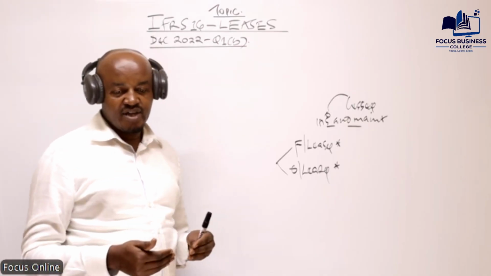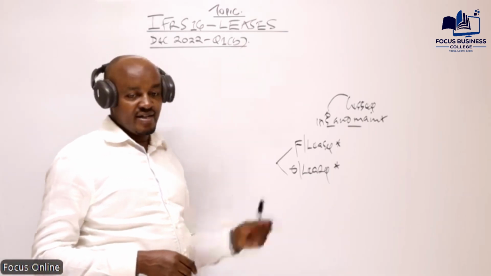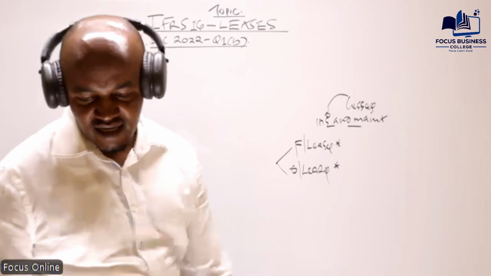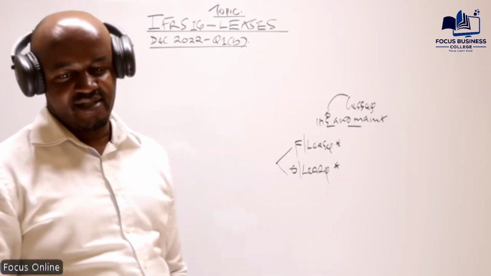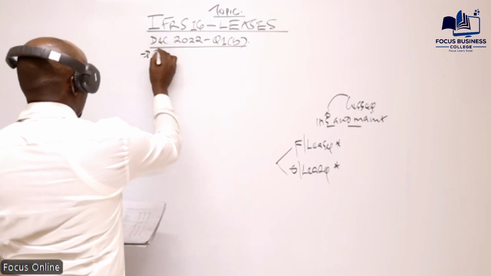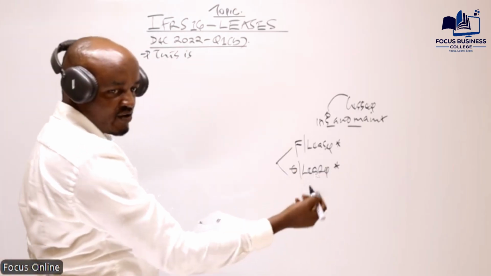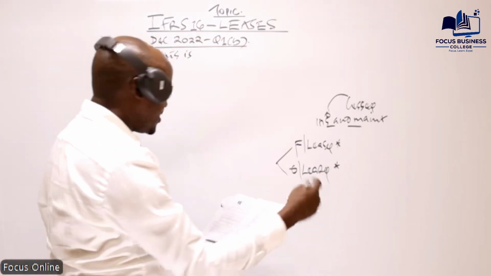So in this lease, the owner of the asset transferred the risks and rewards associated with the asset to the lessee. If that is the case, then this is a finance lease. That's the first thing the candidate needed to do here, to determine whether this is a finance or an operating lease.